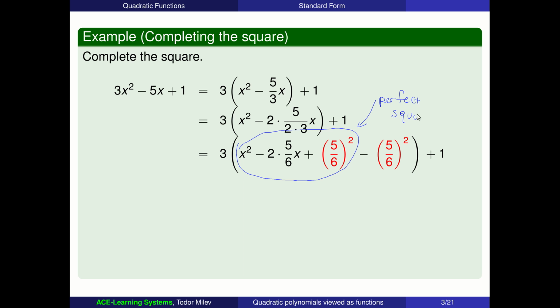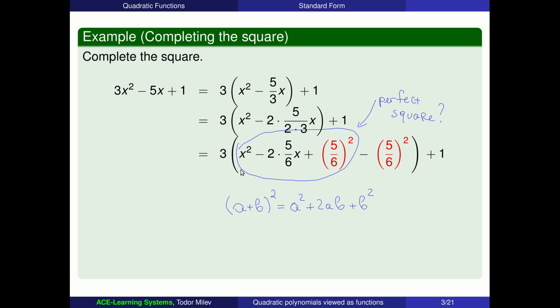But why is that a perfect square? Well, let's think about it for a while. What happens when you take the expression a plus b and you square it? What's the formula for a plus b squared? Well, I'm sure you remember that is a squared plus 2 times ab plus b squared.